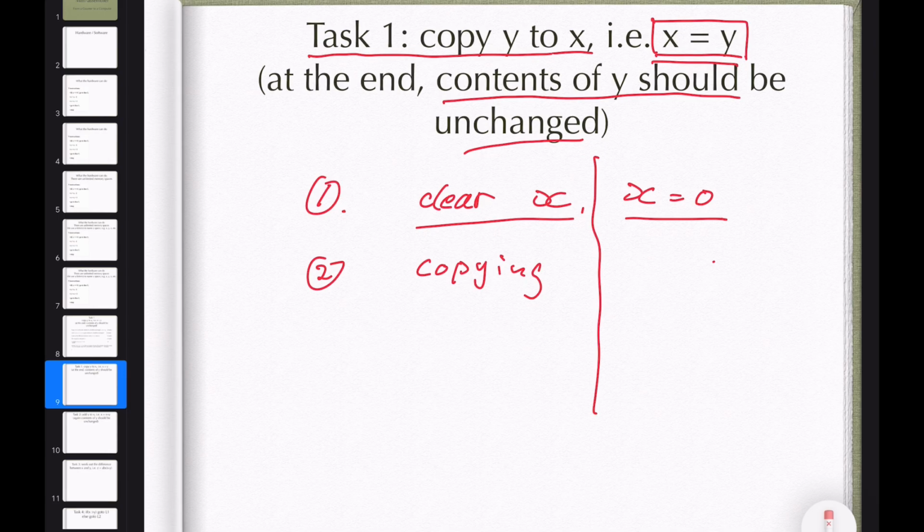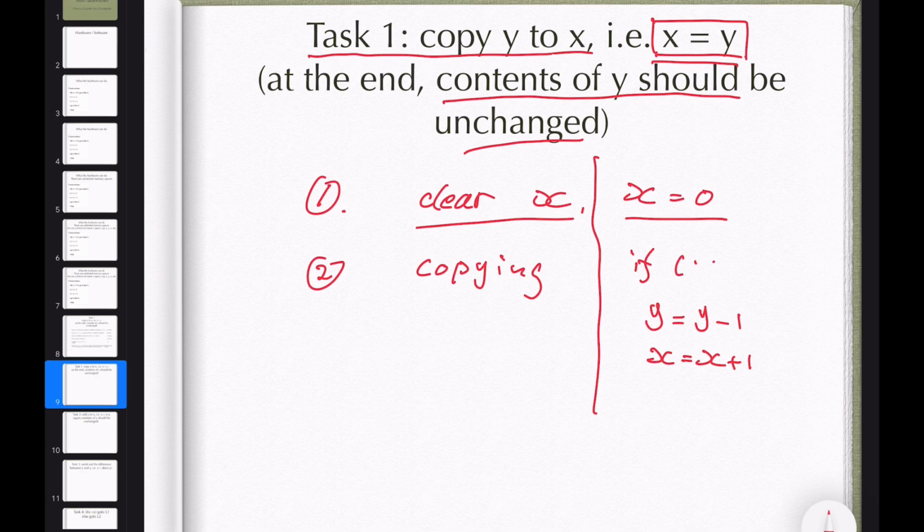Then the second phase is doing the copying. At the moment, the hardware can only do +1, -1. You can create a loop taking values out from y, one by one, and at the same time adding that to x, and then create a loop.